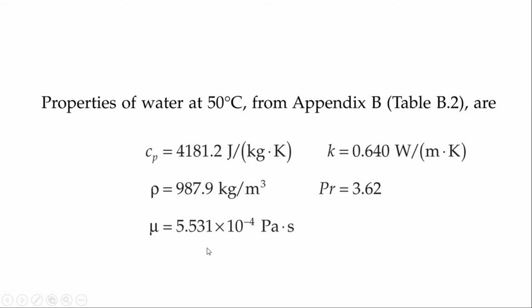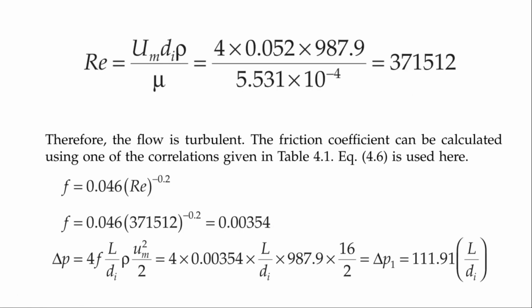These are all the properties of the water which can be taken from Appendix B. Next you have to determine the Reynolds number, and everything is given for the parameters. After putting them in this formula, you will get the value of the Reynolds number, and after seeing it, you will see that this flow is in the turbulent region.